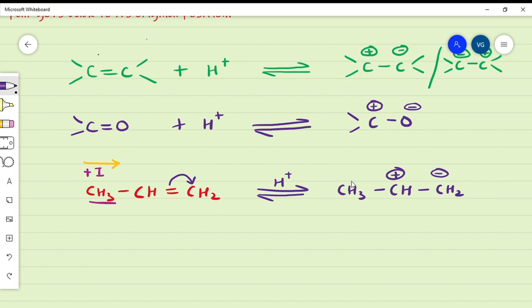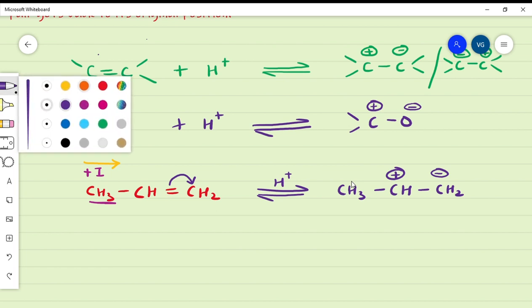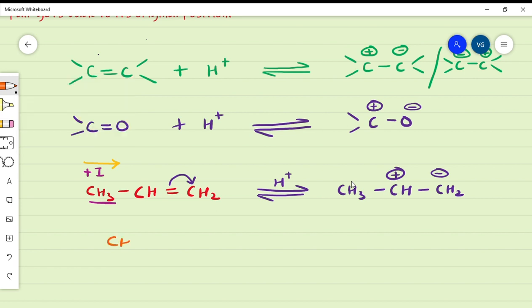Now let me take the other example of vinyl chloride. Vinyl chloride is a compound having a chlorine atom and two carbons bonded with a double bond. So let me write the structure of vinyl chloride. It is CH2=CHCl. Let me write the name: vinyl chloride. Vinyl chloride is the monomer of PVC. It is a polymer, polyvinyl chloride.